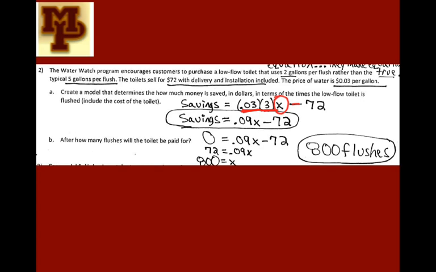And then it's going to be minus because they're going to have to pay out that $72 initially. So multiply those together, 0.09x minus 72 equals the total amount of savings. So for it to be paid for, there would be 0 savings. They would just be breaking even. So that's why setting it equal to 0 would work. Solve for x and you get 800 flushes.